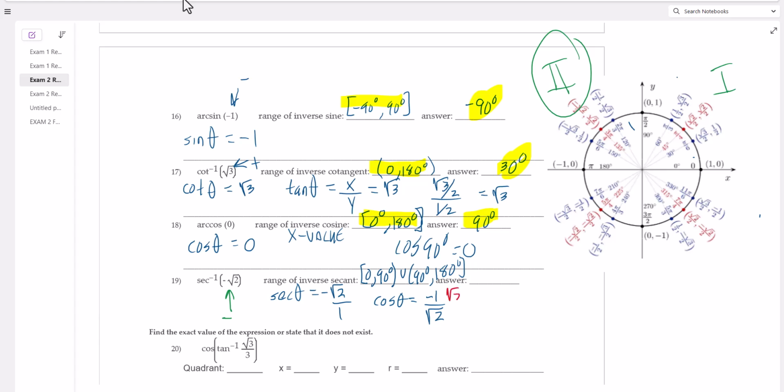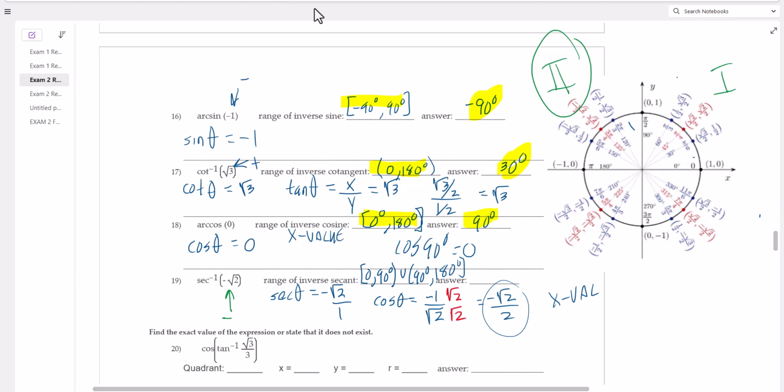So if you did this, you would have negative square root of 2 over 2. Now all you're doing is looking at where x is negative root 2 over 2. So that happens here. That's where x is going to give you that value. So that means the answer in degrees is going to be 135 degrees.